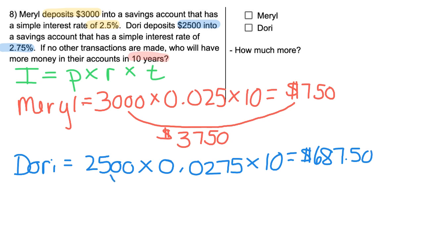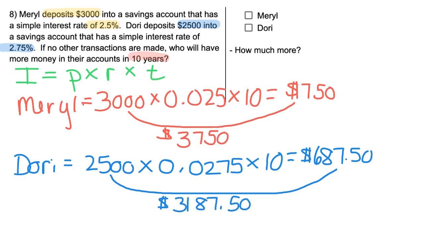If she had 2,500 and she earned $687.50, she will have $3,187.50 after 10 years. So it looks to me like, Meryl, you're going to have more money.